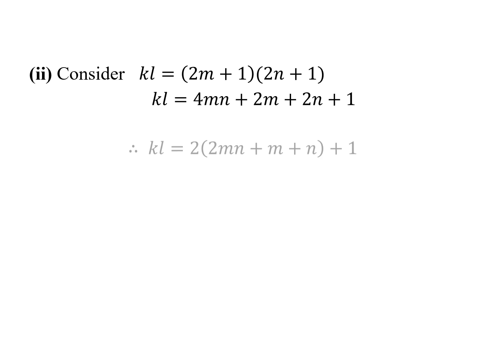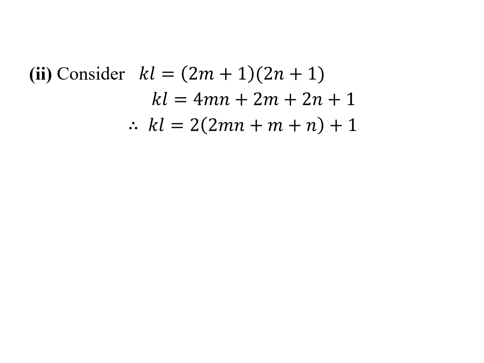So KL equals 2 into 2mn plus m plus n, plus 1. The first term is a multiple of 2, plus 1. For a multiple of 2, if we add 1, it becomes odd, that is, it is not divisible by 2. A number which is not divisible by 2 is odd. Hence KL is odd.